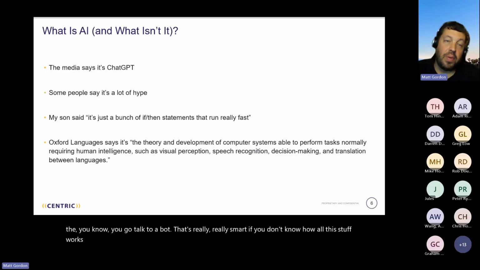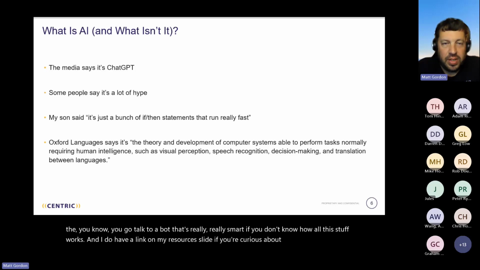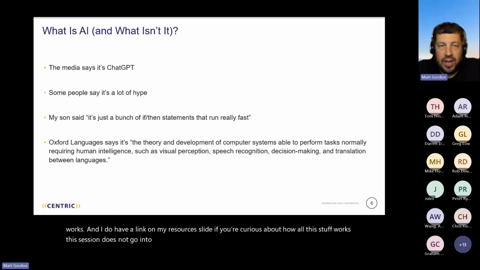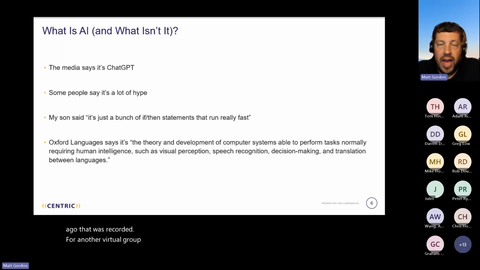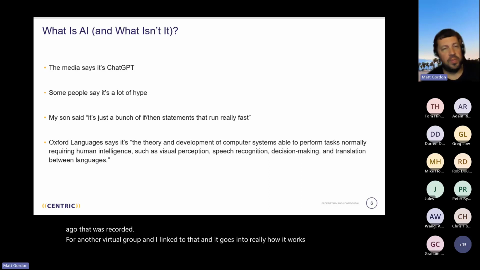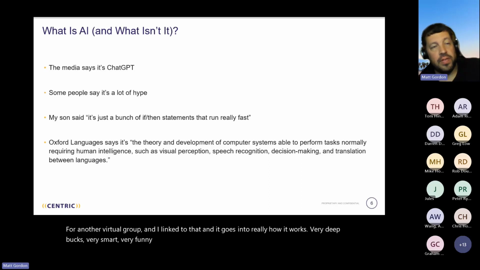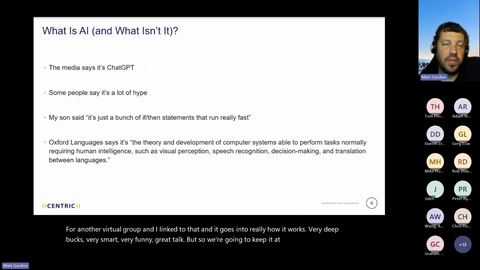I do have a link on my resources slide if you're curious about how it works. This session does not go into that, but Buck Woody gave an excellent session a couple of weeks ago that was recorded for another virtual group, and I linked to that. It goes into really how it works, very deep. Buck's very smart, very funny, great talk. But we're going to keep it at this level here.